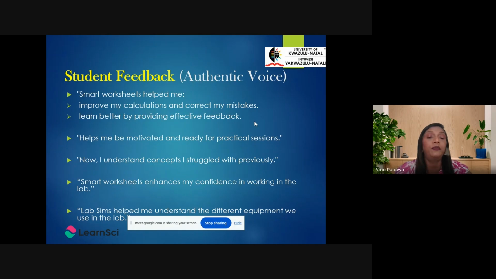It helps me be motivated and ready for the practical sessions. Now I understand concepts I struggled with previously. Smart worksheets enhance my confidence in working in the lab, and the lab sims help me understand the different equipment we use in the lab. There were several others. I just picked a few to share here.